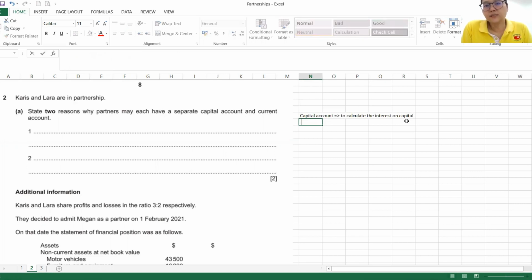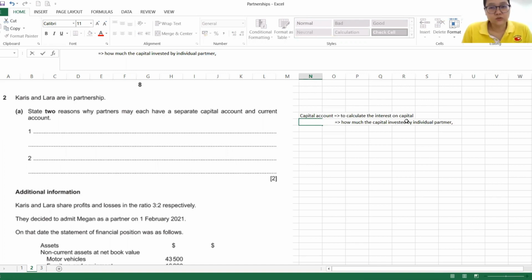And it also helps us to know how much capital is invested by each individual, so that we know how much is actual capital, and how much was left in the business over the period, which they kept in the current account.